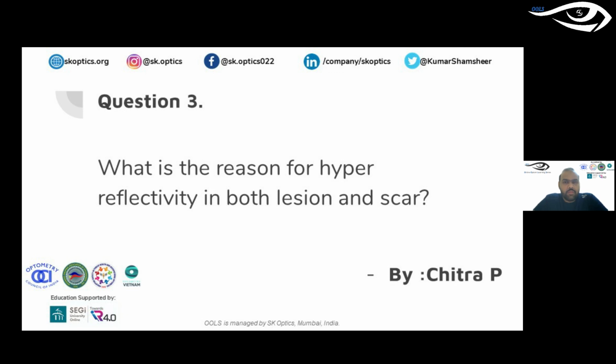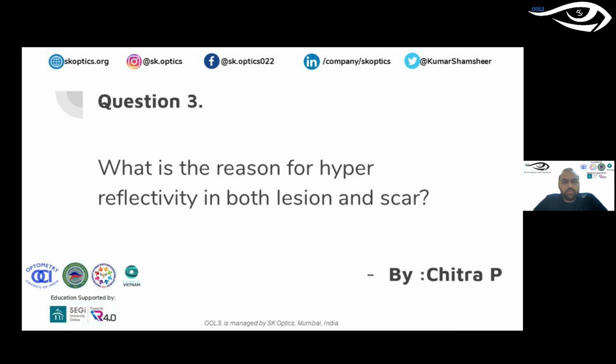There is some amount of light going to the reference beam and some amount of light going to the sample. When they return, they have some echo delays and there is some intensity difference between them. So a normal cornea would have a particular intensity and a particular echo delay or time delay.